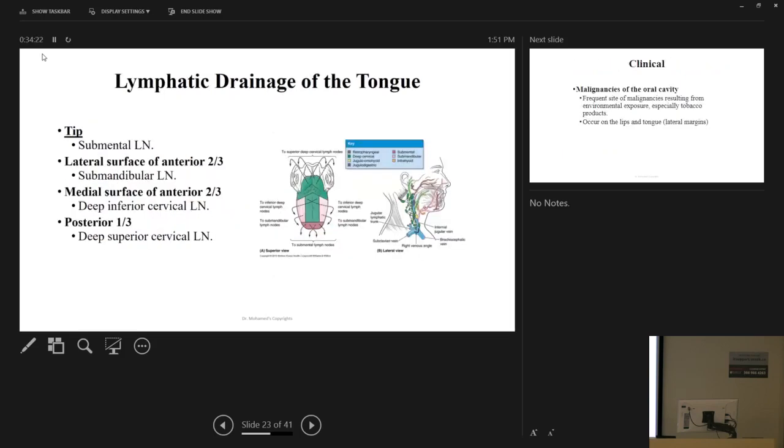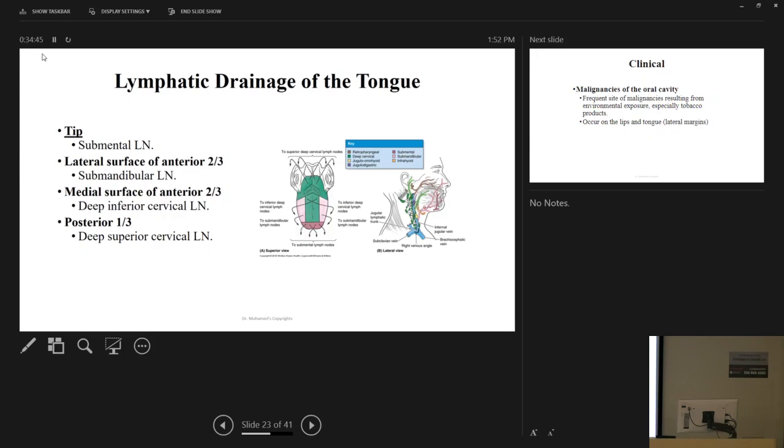Lymphatic drainage of the tongue. The tip is drained by the submental lymph node, right? That's why for those who have cancer or carcinoma of the tip of the tongue, to classify and grade this cancer, they use the submental lymph node.